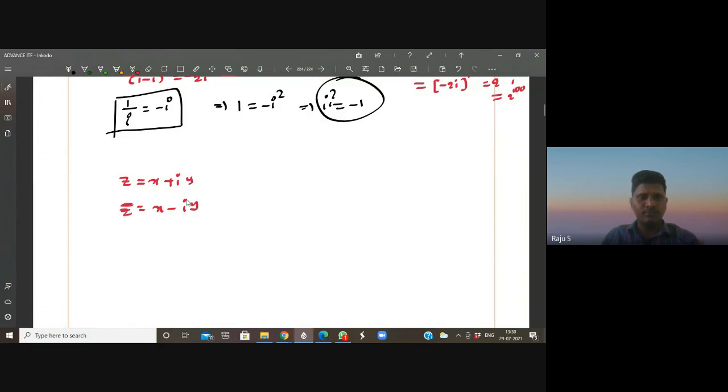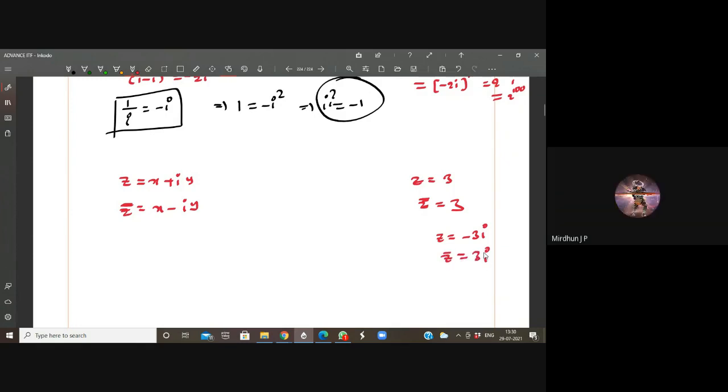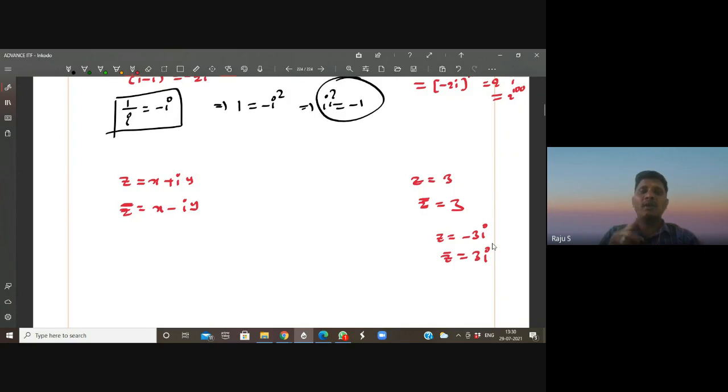For example, if I take a real number like 3, the conjugate of 3 becomes 3 alone. So the conjugate of a real number cannot be changed. But if I take Z equal to minus 3 iota, then Z conjugate is plus 3 iota. Imaginary part alone will be changed. Real part cannot be changed.